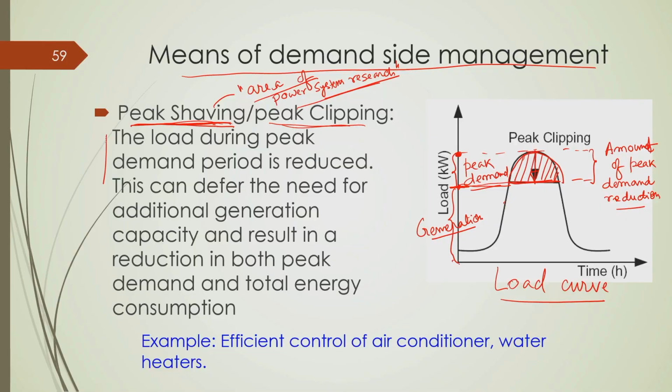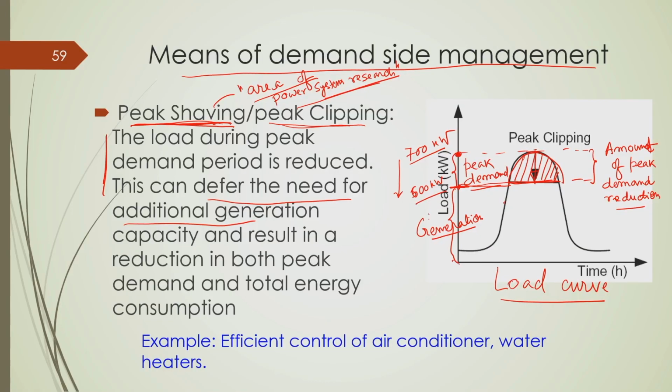Now, if you can reduce this amount of load, then you can also defer the need of additional generation, as I was talking about. For example, suppose previously this load demand was 700 kilowatt, and if you can reduce this peak demand to 500 or maybe 600 kilowatt, then it means that you avoid the need of 100 kilowatt of generation.